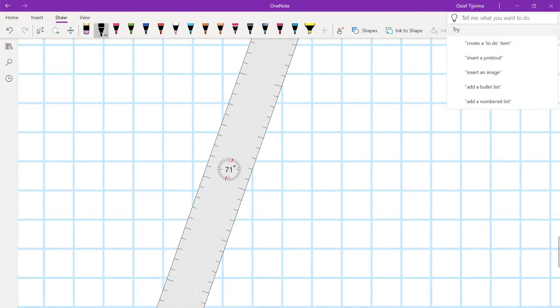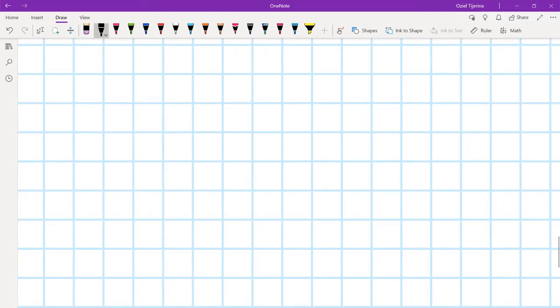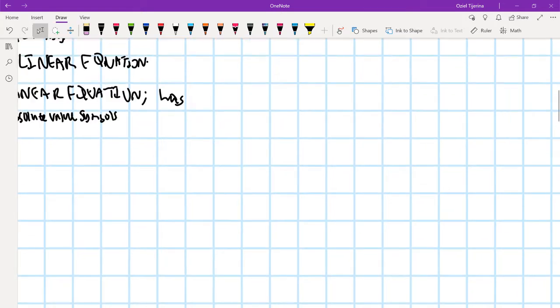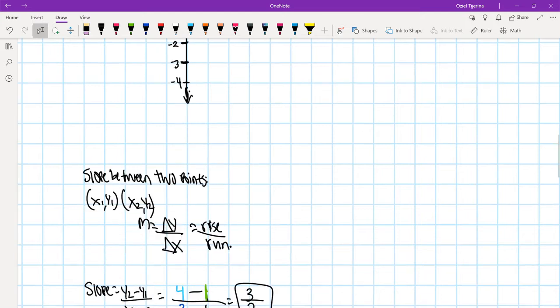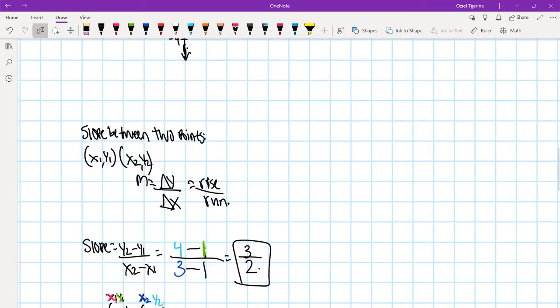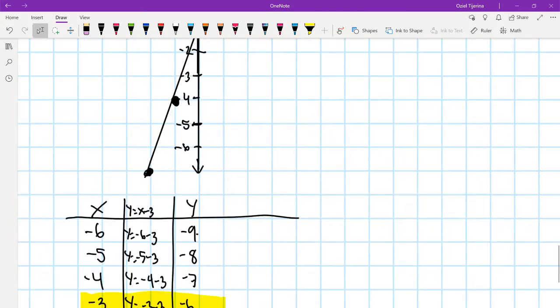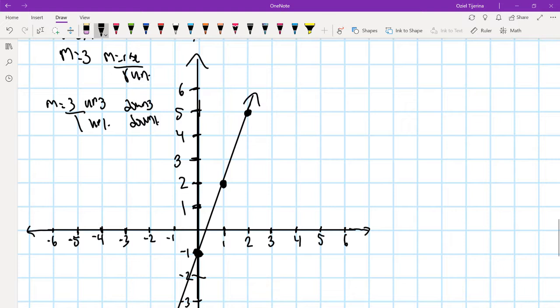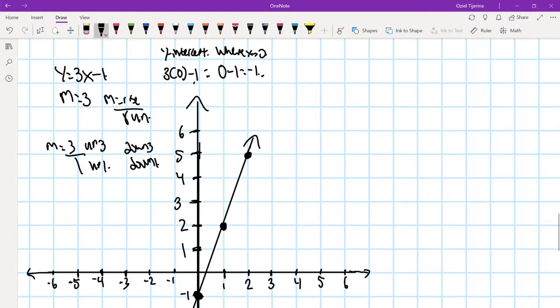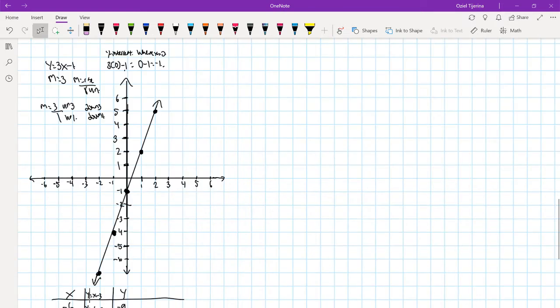So this is how you would do it. This is basically how it's done, and then you're basically done with graphing.